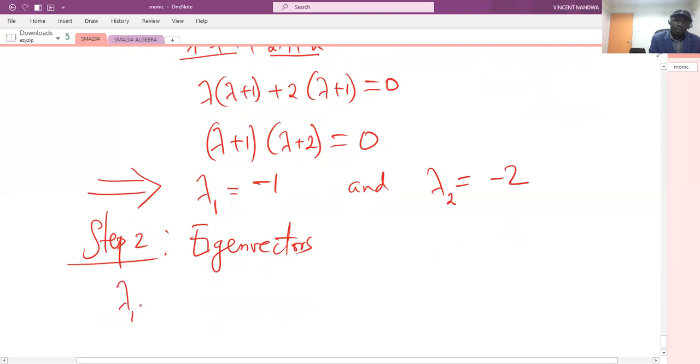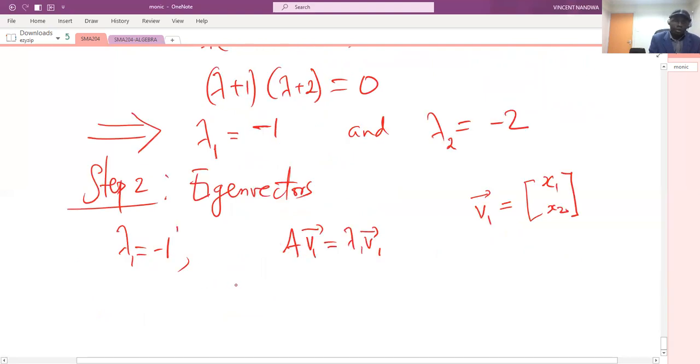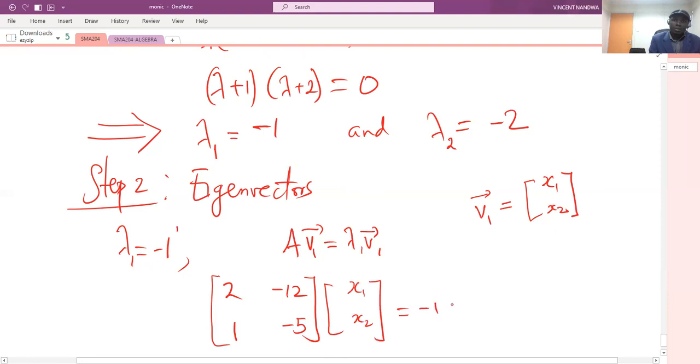So for lambda 1 equals -1, we need to solve this equation. Our matrix being of size 2 by 2, our eigenvectors will be of this form. Therefore we'll have 2, minus 12, 1, minus 5, multiplied by x1, x2, equals -1 times x1, x2.